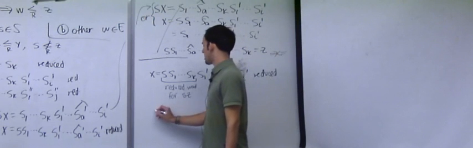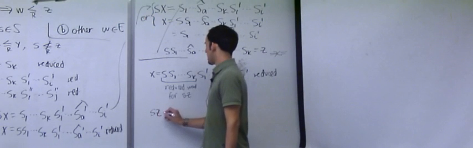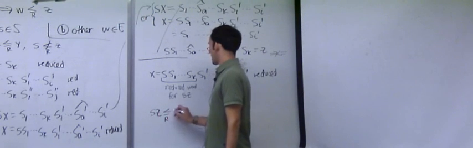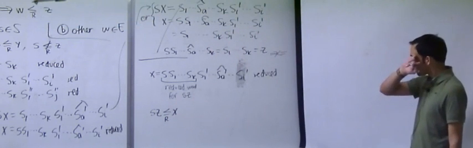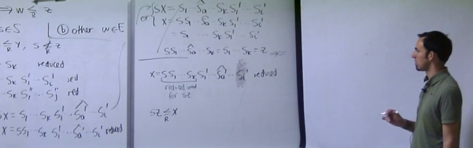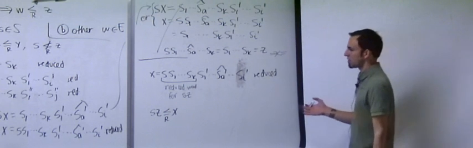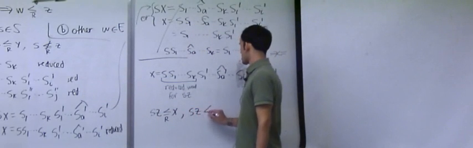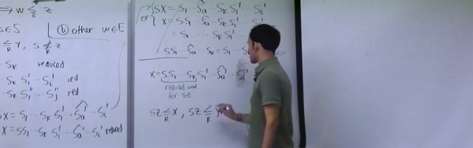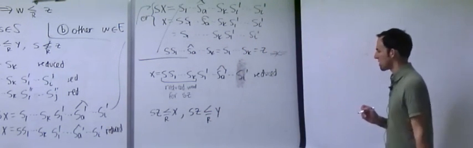And that means that sz is less than or equal to x in the weak order. Now, of course, there's nothing special about x here. I could do exactly the same argument for y. sz is less than or equal to y.